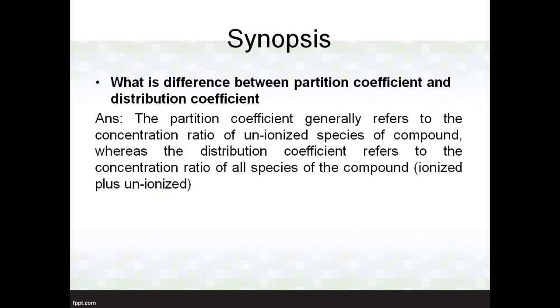The partition coefficient generally refers to the concentration ratio of unionized species, whereas the distribution coefficient refers to the concentration of all the species, that is ionized as well as unionized. That is why in the calculation we used percentage ionization.